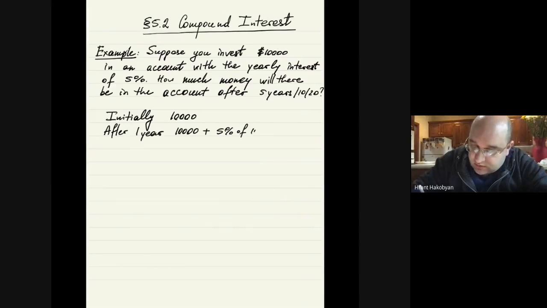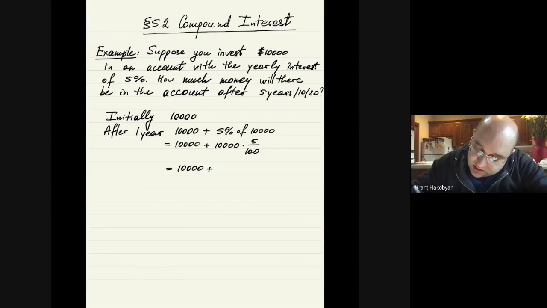What that means is that you multiply 10,000 by 5 and then divide by 100, so 0.05 in other words. So let's write it like that: 10,000 plus 10,000 times 0.05. If you do the computation here, I'm going to get $500 there. So it's going to be plus $500.